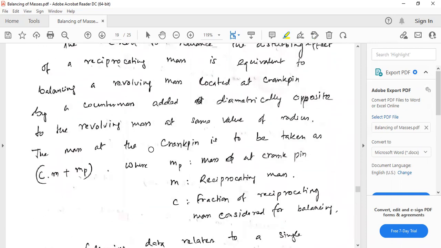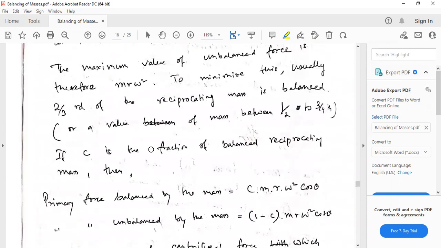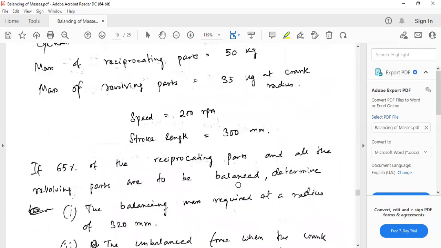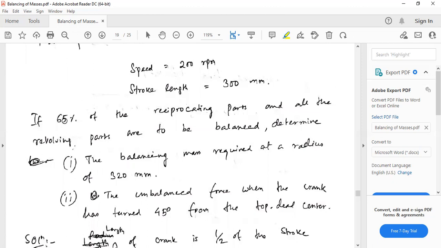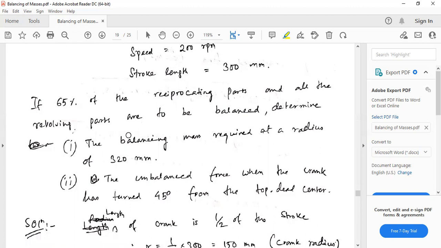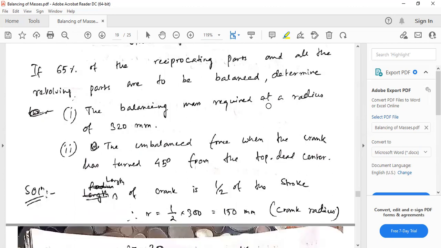Half means 50%, and this is 75%, so we have to take a value in between. In the question they have said to balance 65% of it. This c is 0.65. Now we determine the balancing mass required at a radius of 320 mm.